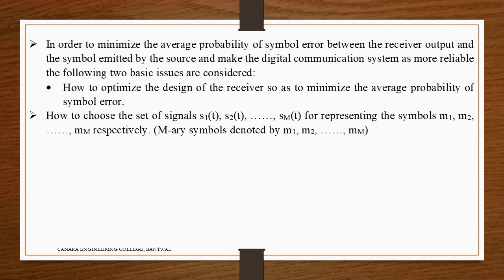Second, how to choose the set of signals s1(t), s2(t), up to s_M(t), for representing the symbols m1, m2, up to m_M respectively, where the M-ary symbols are denoted by m1, m2, and so on up to m_M.